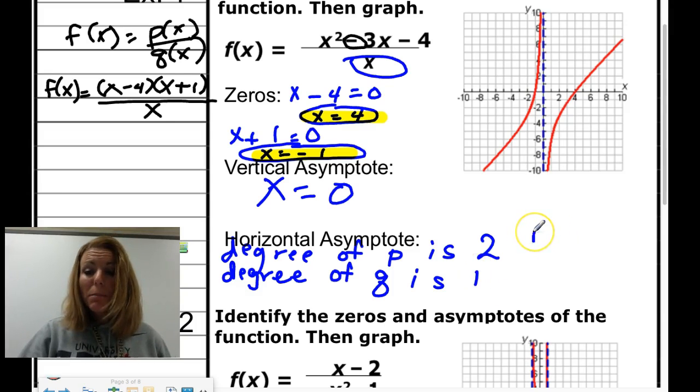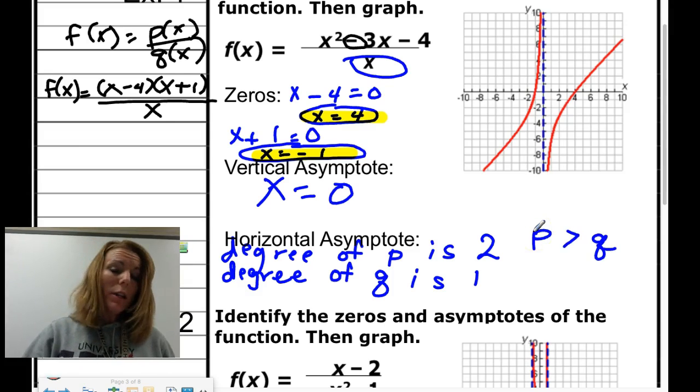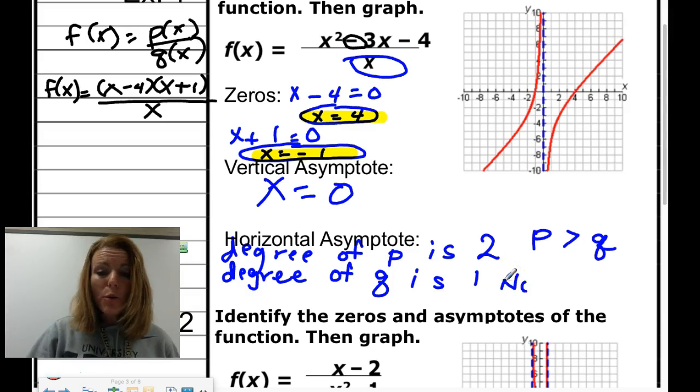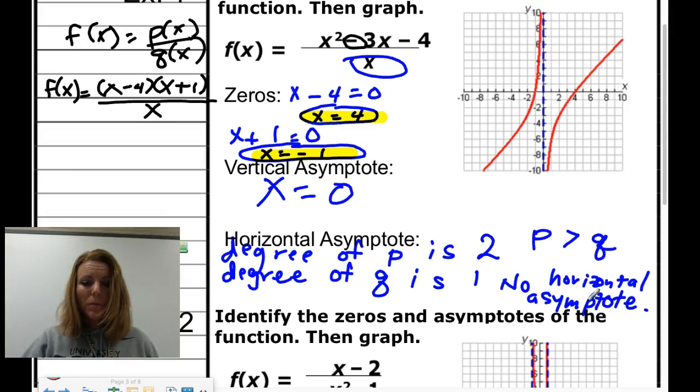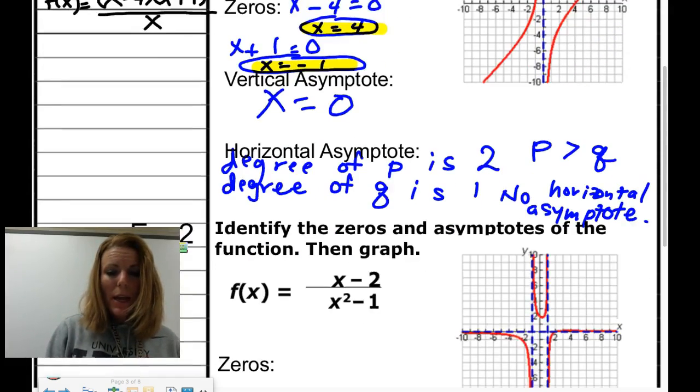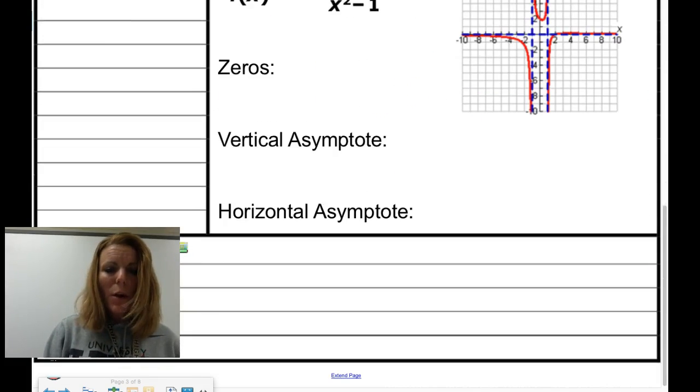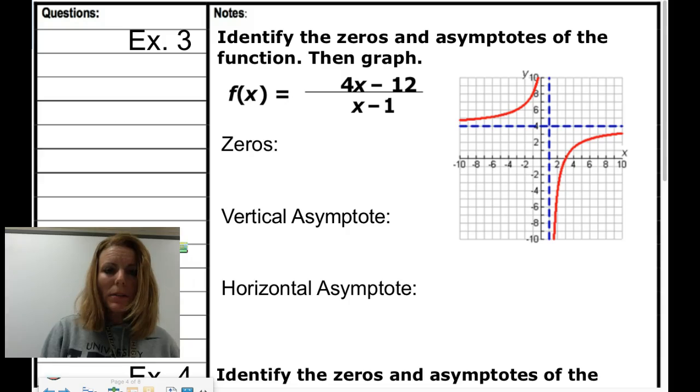So because P is greater than Q, well, you might have to go back to the other page. If P is greater than Q, there is no horizontal asymptote. There we go.